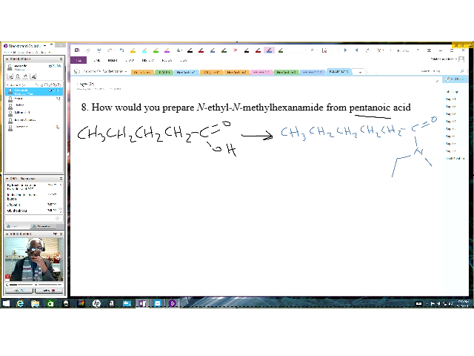Let us analyze this problem here. In the starting material, how many carbons do you have? Anybody, how many carbon atoms? Five, very good. So you have 5 carbon atoms in the starting material: 1, 2, 3, 4, 5.